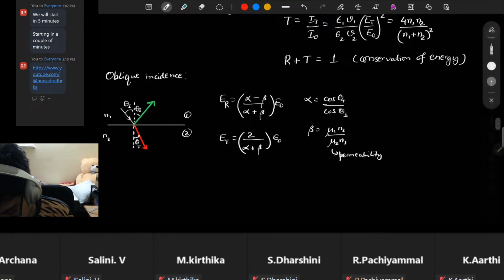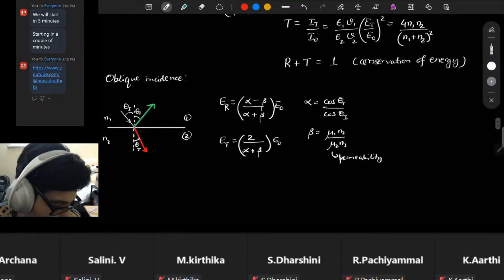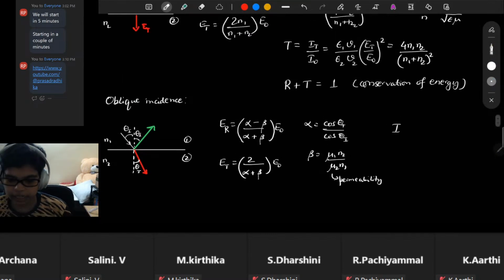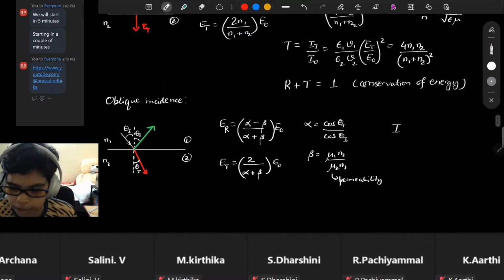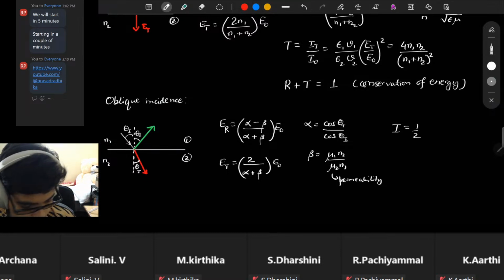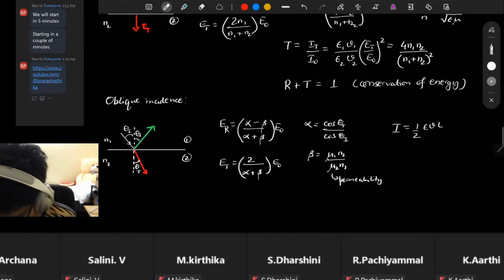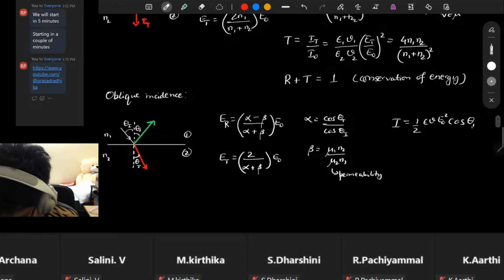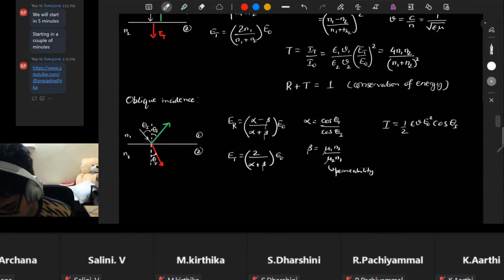Again, we can write down the intensities. So in this case, since it is incident at some angle, we look at the normal component. As a result of that, there is this cos theta term in the intensity, because we look at the normal component.